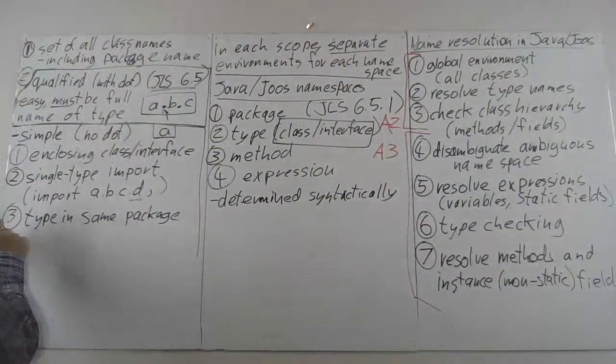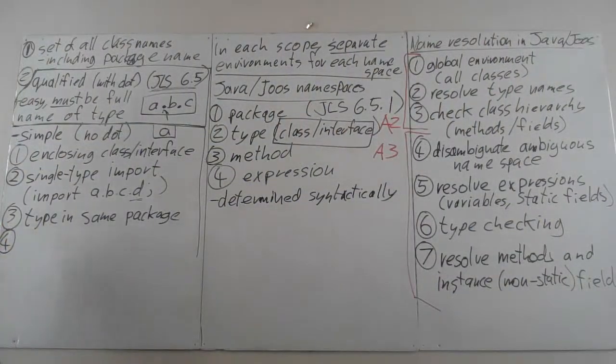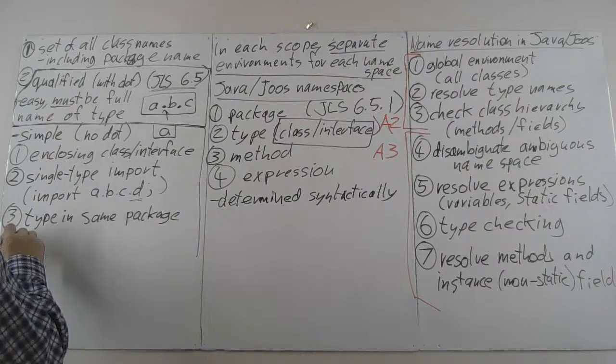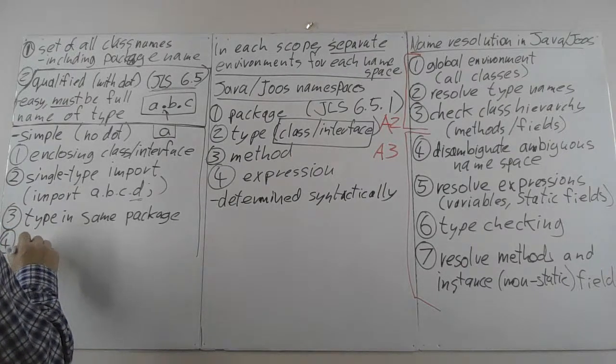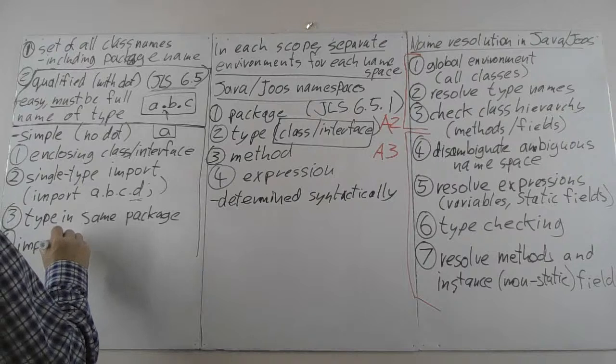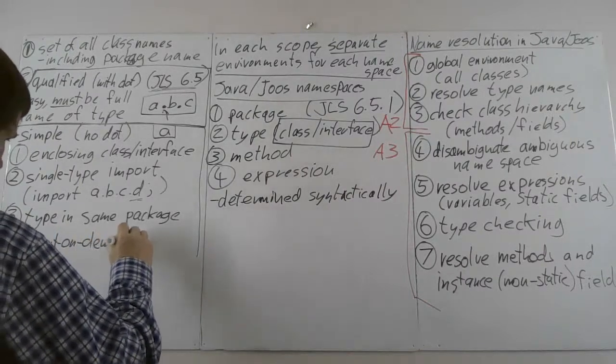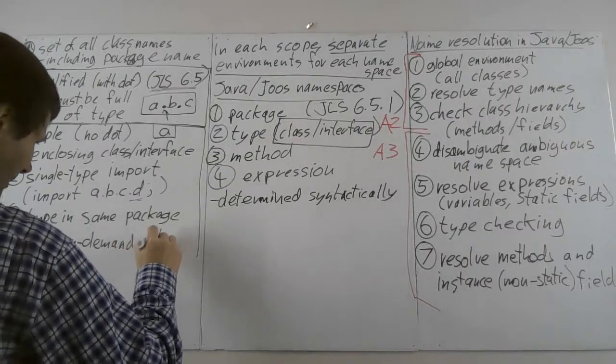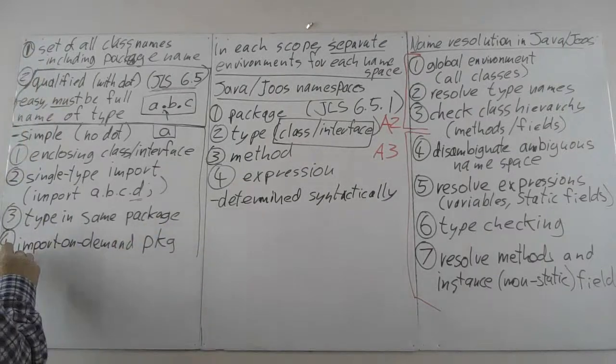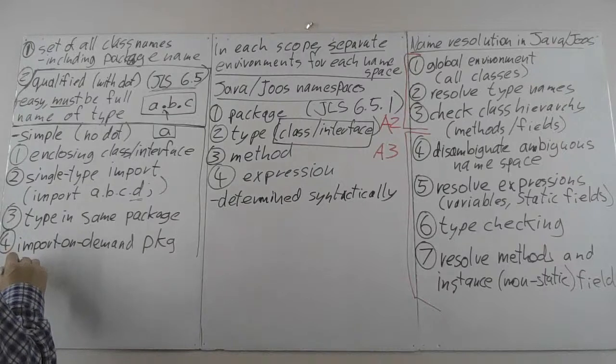And finally, step 4 is an import on demand package. So again, Java calls it an import on demand package. I'll just say PKG, and that's an import with a star.